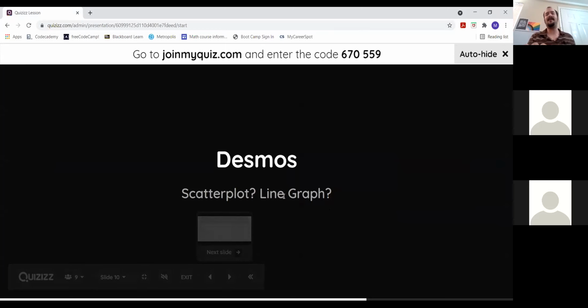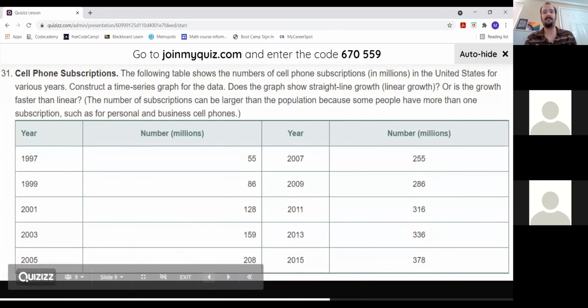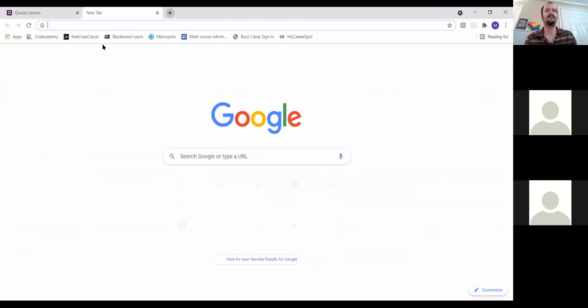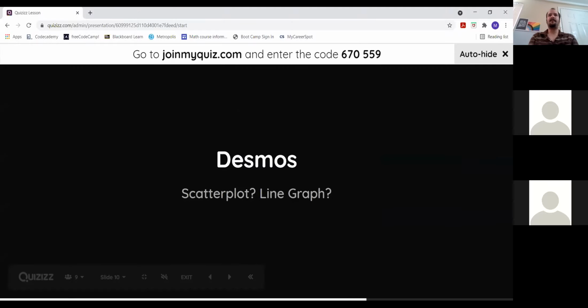Can we do a scatter plot? Scatter plot versus line graph. Scatter plot is when we put our points on there.